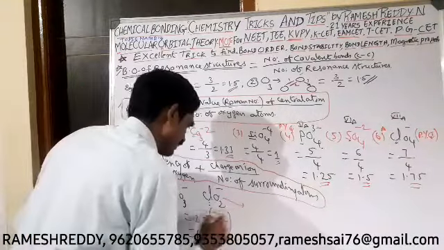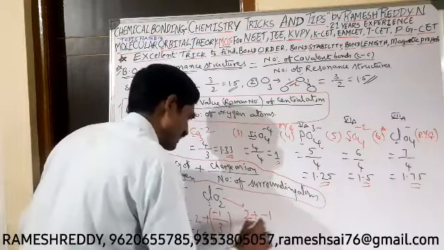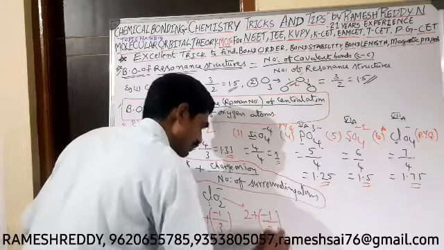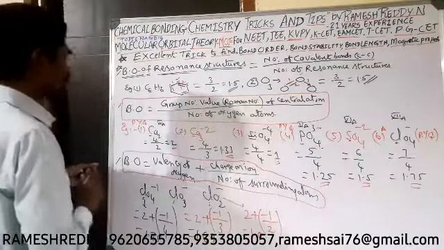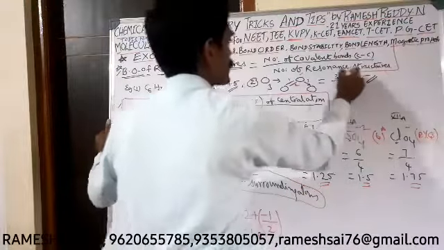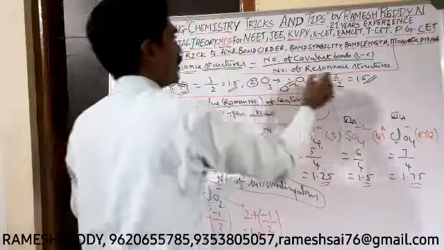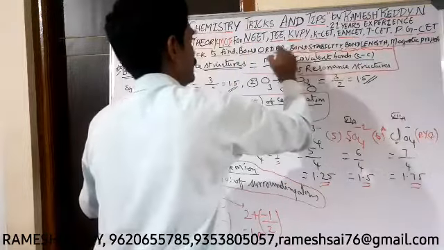And for this one, the valency of oxygen is 2, the charge is minus 1, and the surrounding atoms are 2. Then you will get 1.5. Got it? So these are the formulas you have to use to find the bond order of resonance structures.